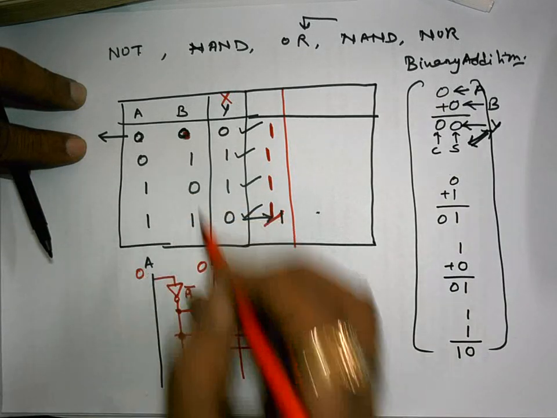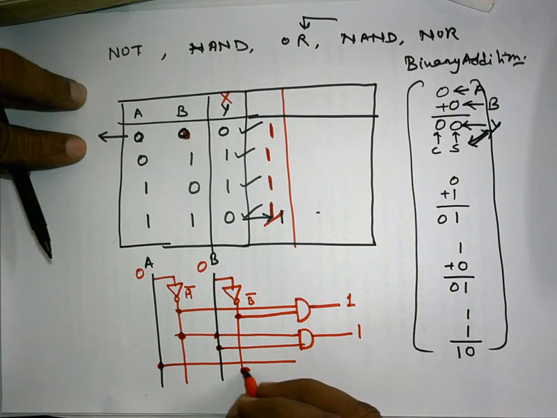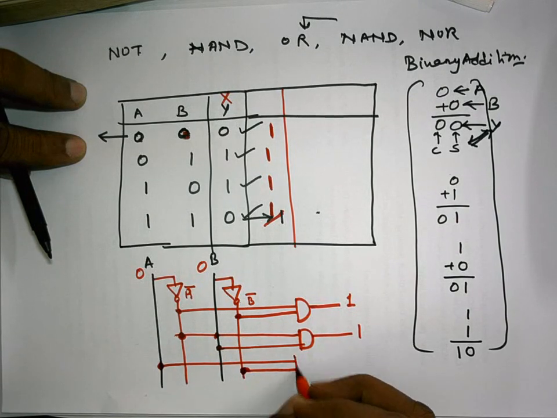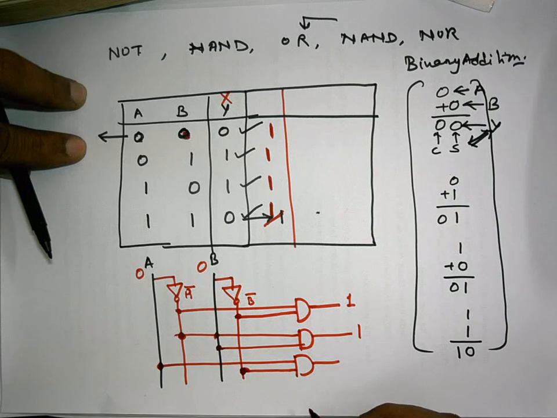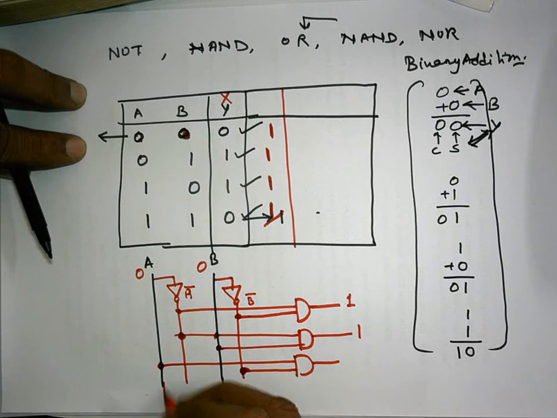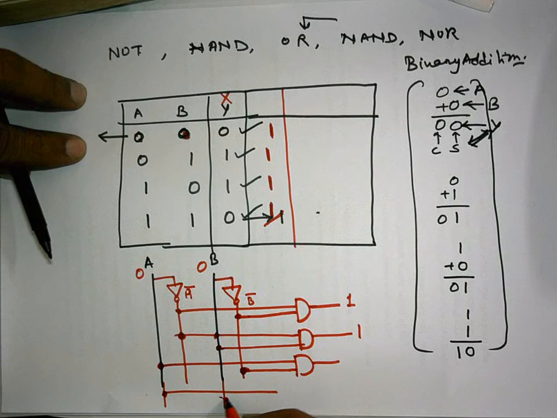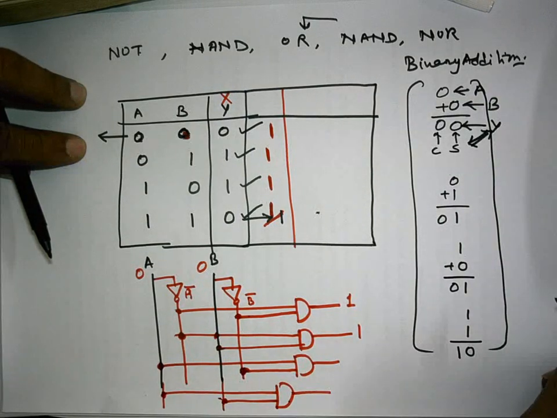Similarly for 1 0, you will pick up a line from 1 and for 0 you will pick up a line from here, and apply this to an AND gate. And for 1 1, you will pick up a point from here and a point from here and apply this to an AND gate.